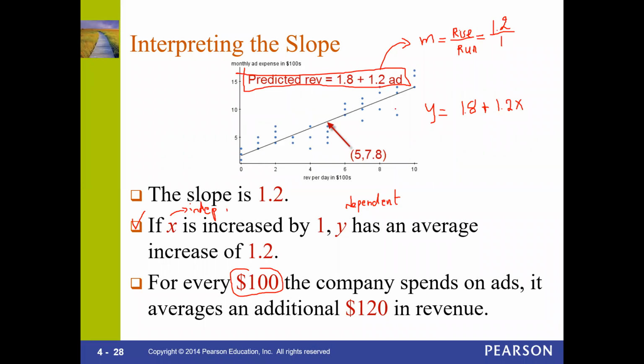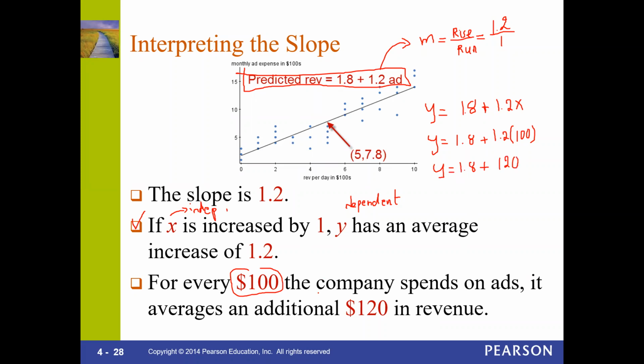So y is equal to 1.8 plus 1.2 times 100, because they said $100. So that's going to be y is equal to 1.8 plus 120.